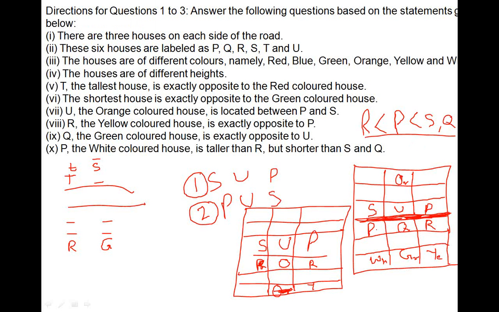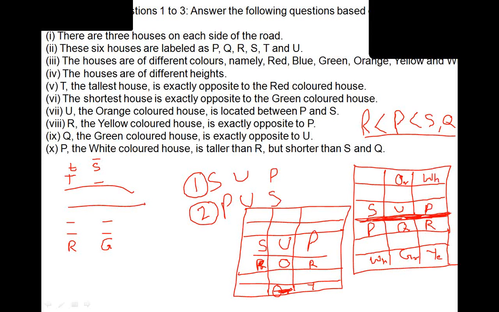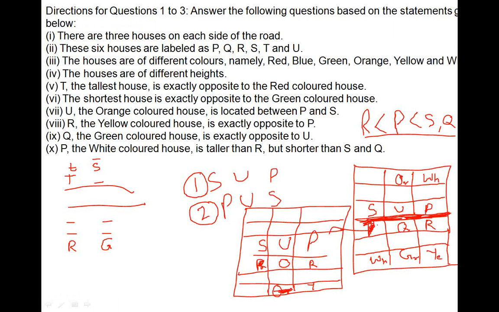Okay, P is the white colored house, so there was a confusion here. This would be T, this will not be P, this will be T because P is the white colored house, and T is the tallest house, so you can put in here. This is the tallest house, right?